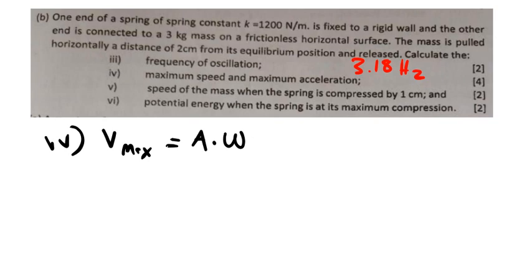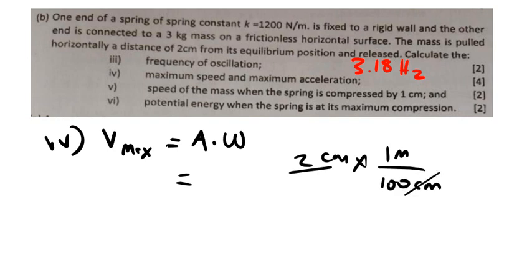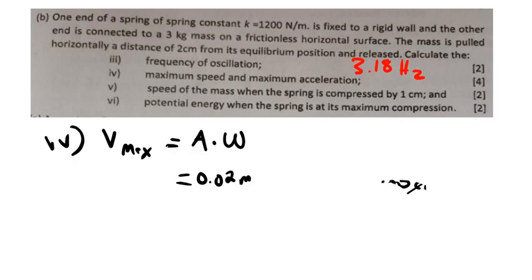So in this case, what is our amplitude? Have we been given the amplitude? Yes, we're told that it is 2 centimeters from its equilibrium position. You have to convert that to meters, because amplitude is measured in meters. 1 meter is equal to 100 centimeters, so 2 divided by 100 is 0.02 meters, multiplied by the angular frequency.